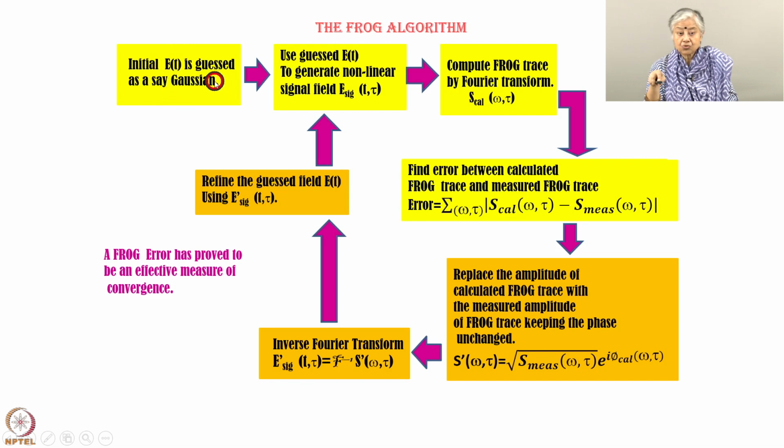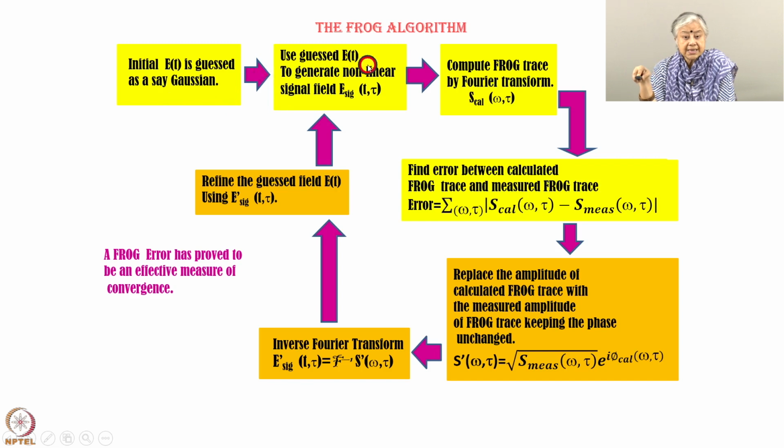I have taken an experimental spectrogram, and now I have to retrieve this E(t) from this algorithm. So, my first guess is a Gaussian. It is always nice to take a Gaussian curve.